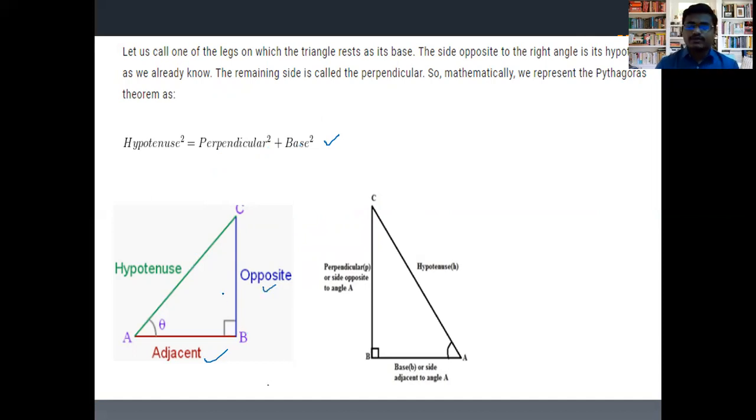The Pythagoras identity is applicable only when you are looking at the sides of the triangle. It does not discuss the angles in the triangle.